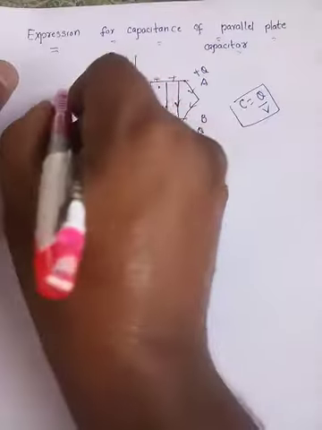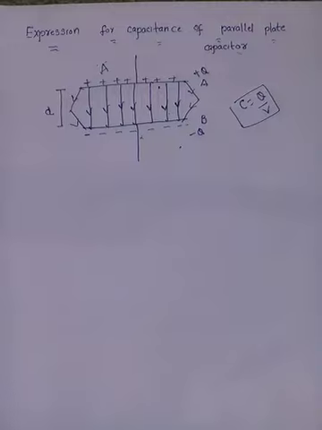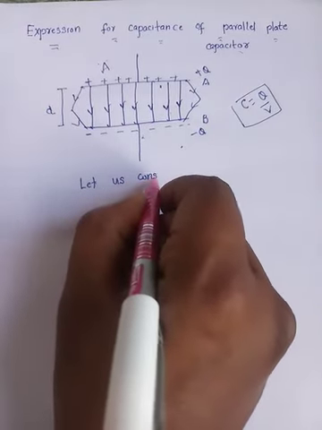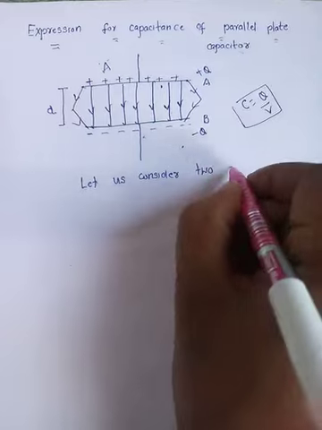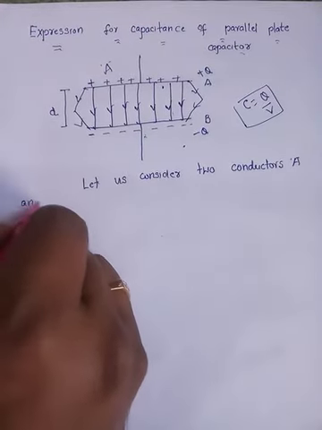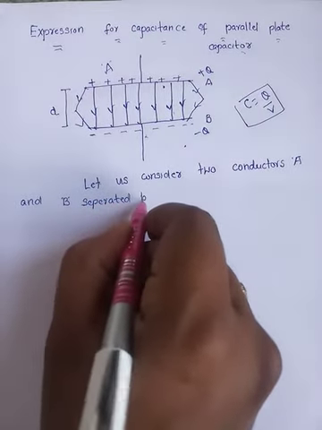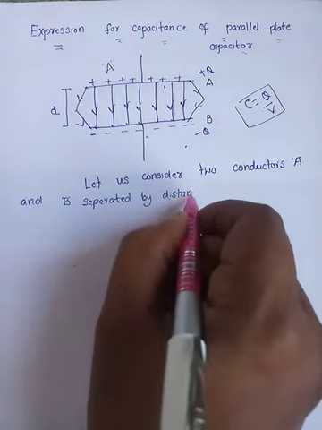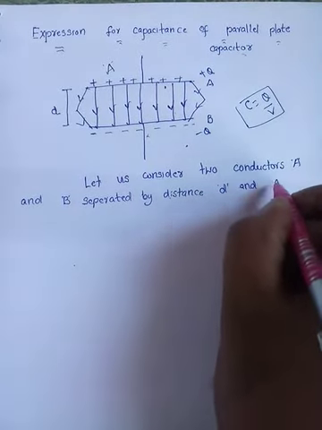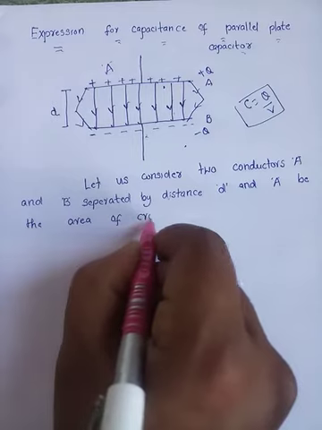Let us consider the distance between these two plates is small d and each has area A. So let us consider two conductors A and B separated by distance small d, and capital A be the area of cross section.